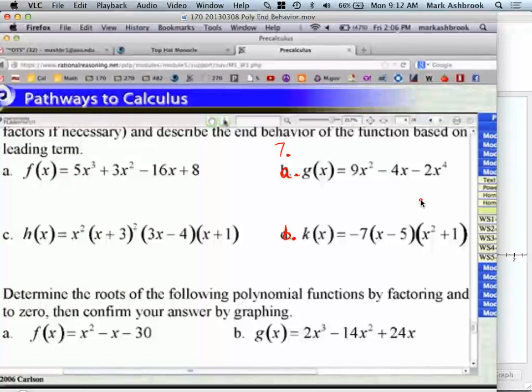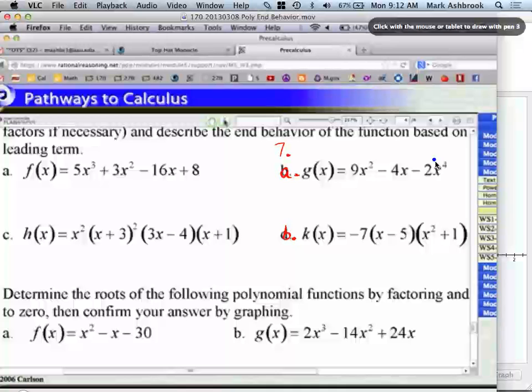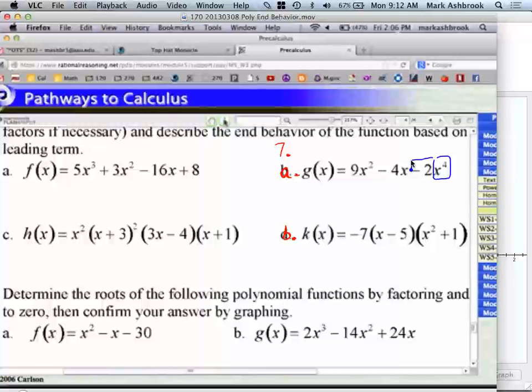And what are you working on? You're finding the end behavior. Okay, so you're finding the leading term. And then you're asking what happens when x gets very large. And here's the deal with this. First you want to look at this part, and then consider what it's being multiplied by.